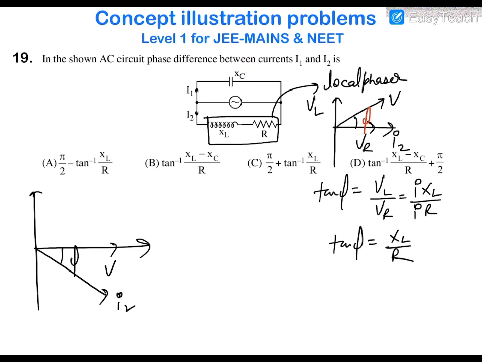capacitor, and we know that the current flowing in the capacitor is pi by 2 ahead of the voltage across the capacitor.